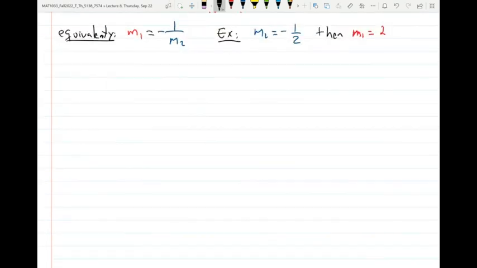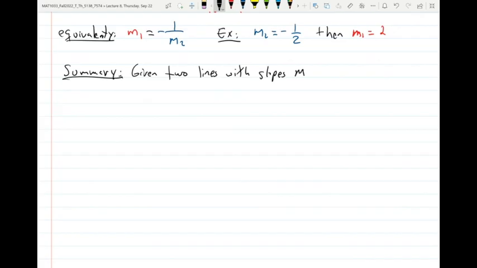Let me summarize. So, given two lines with slopes M1, M2, let me say non-zero, so that everything works. Number one, if M1 is equal to M2, then they are parallel.